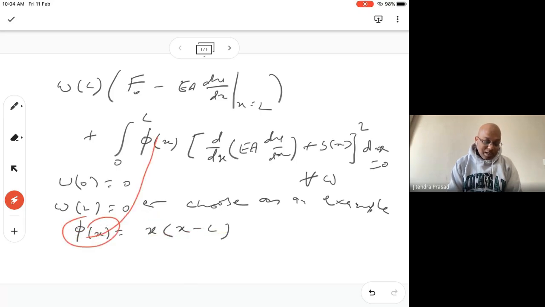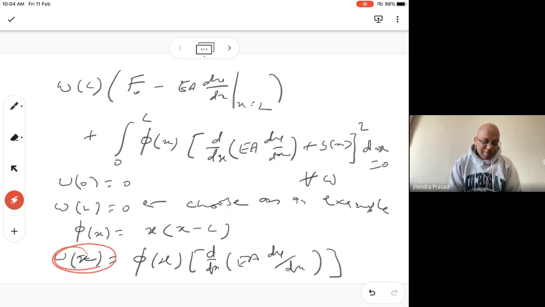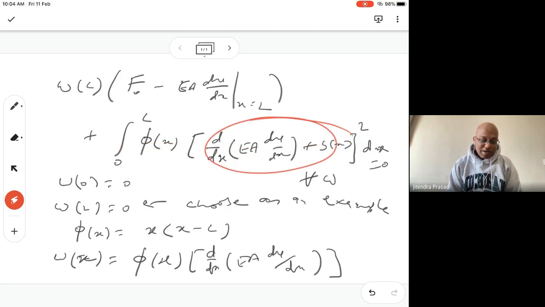So W being equal to phi x, WL will be 0, W0 will be 0. Both will be 0. Since this has to hold true even for one example, it is only possible when this whole thing is equal to 0.